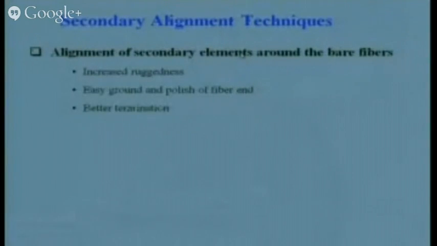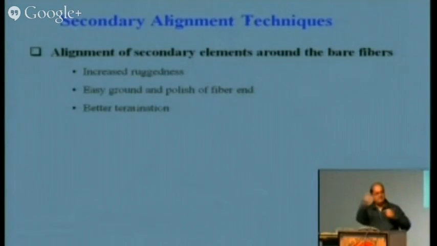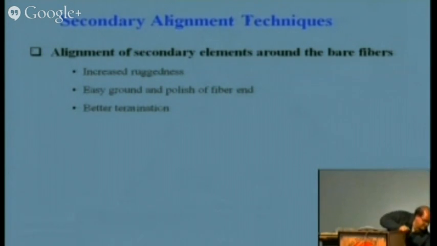In this technique, we first do the alignment of a secondary element around the bare fiber. So we have the fiber. Over the fiber, we will put some ferrule. We put a ferrule over one fiber, and a ferrule over the other fiber. Now these ferrules can be very easily polished.